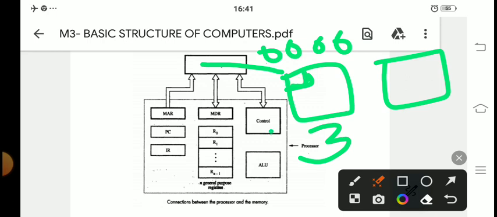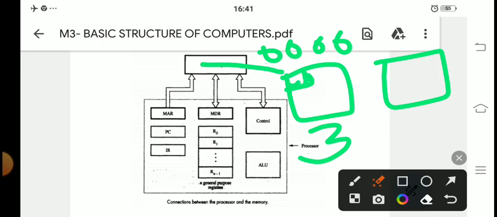So the control signal read will be sent here, and then it will send the location also. What is the address of that location? 0000. So this 0000 address will be sent to the MAR, memory address register. The memory address register holds the address of the memory. So this will be sent to the memory. Now in the memory, after receiving this MAR address and the read signal, what will the memory do?